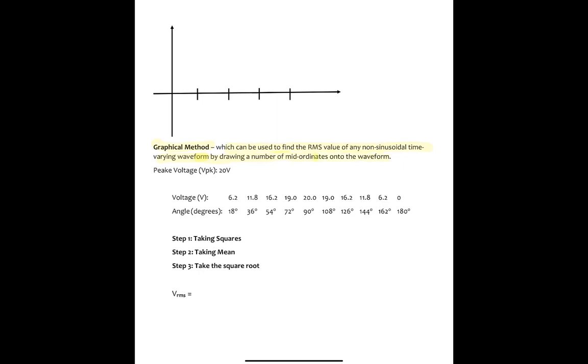What does that mean? What I'm going to do is draw the positive half wave of the sinusoidal signal. Say this starts from here. Let me change the color actually.